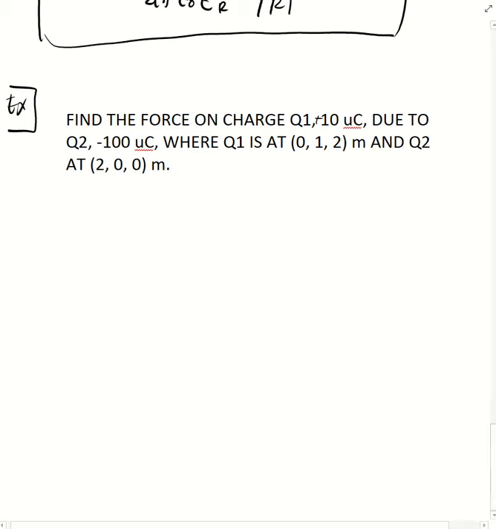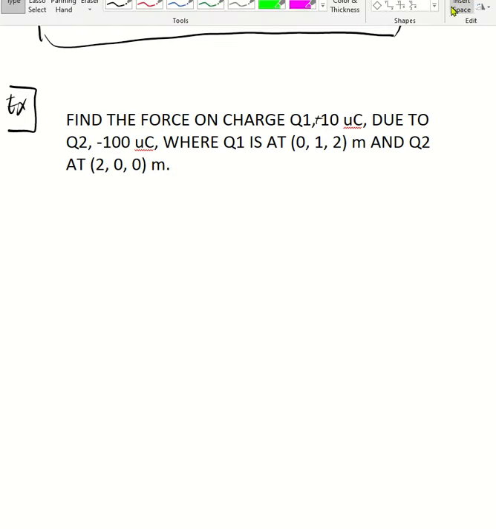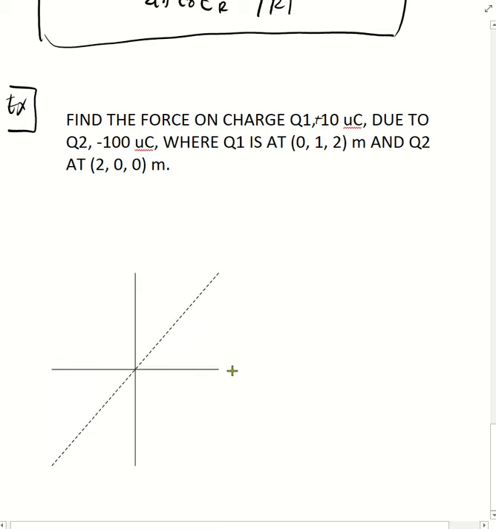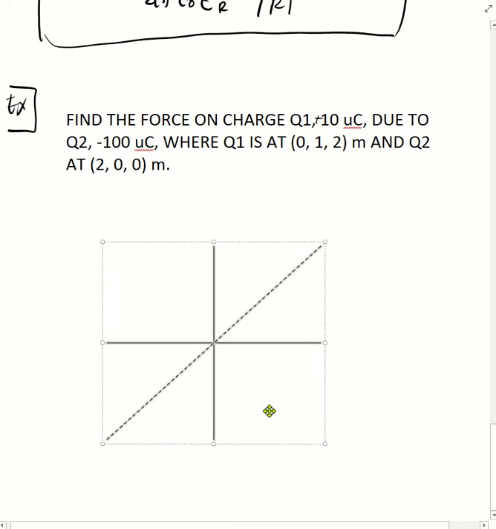So first we need to draw this. Let's draw a three-dimensional axis. This is the z-axis, this will be our y-axis, and this dashed line will be our x-axis.